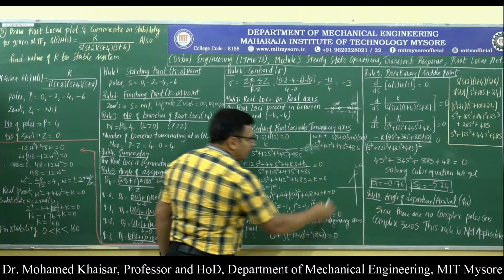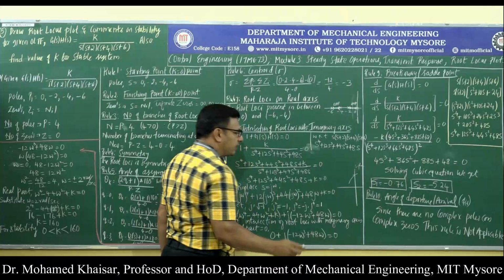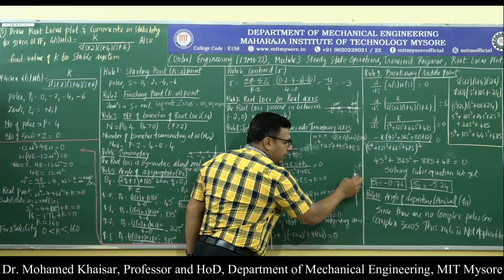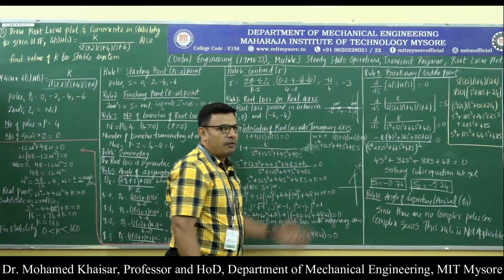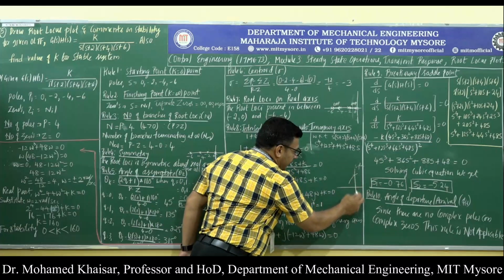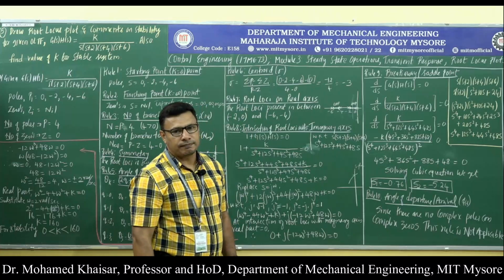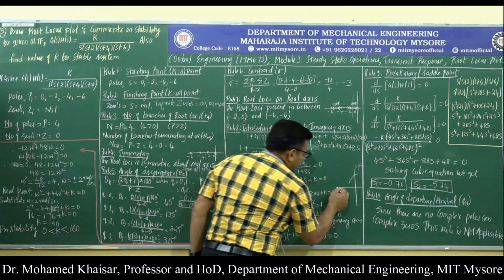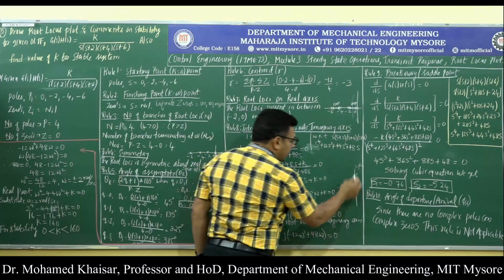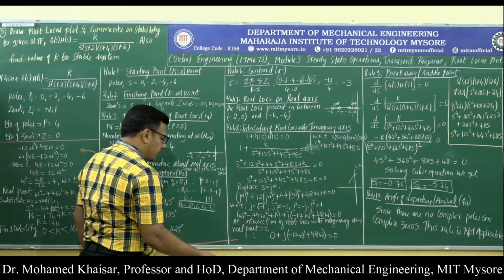Considering this is the point where the root locus is intersecting the imaginary axis, what will be the real part? The real part is 0, because along this line the real part is 0, there will only be imaginary part. Along the real axis, the imaginary part will be 0. Along the imaginary axis, the real part is going to be 0. So, that is what we are going to use here.